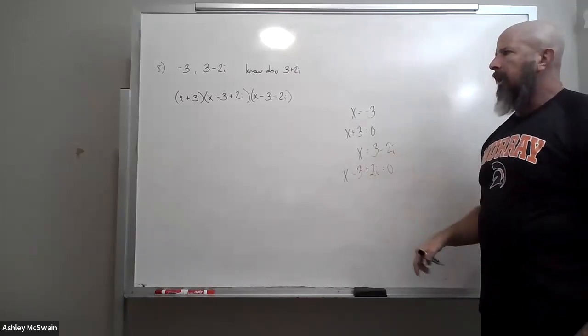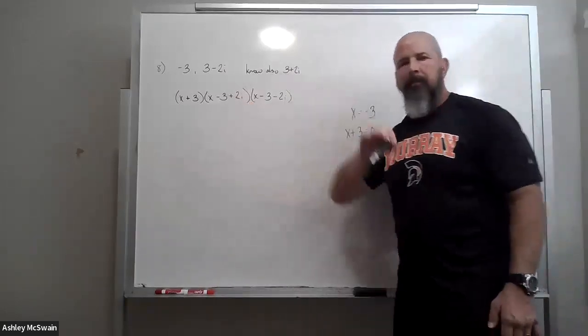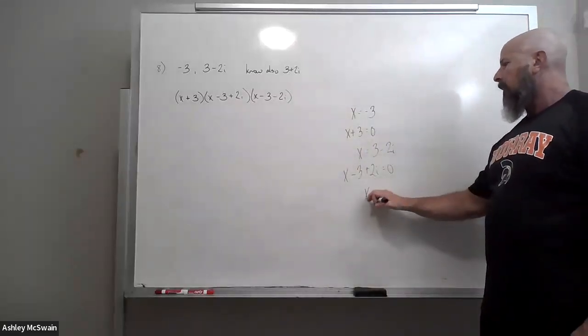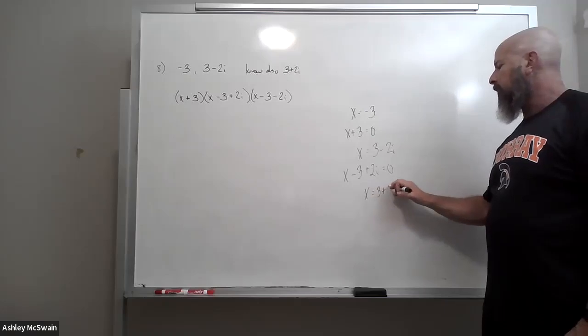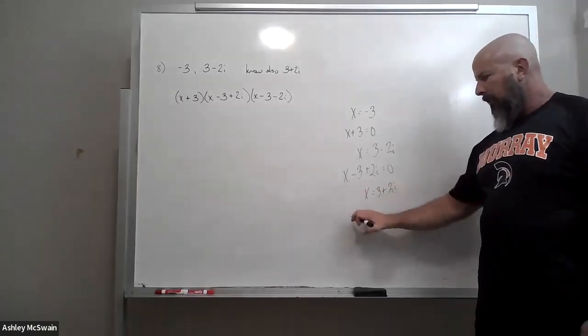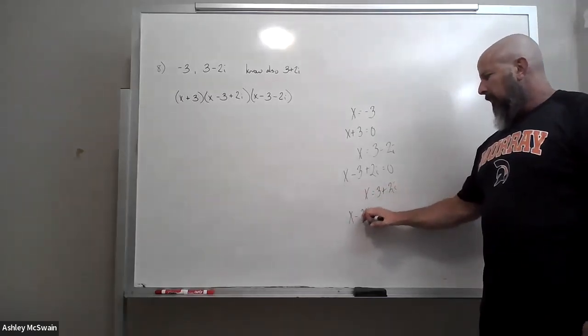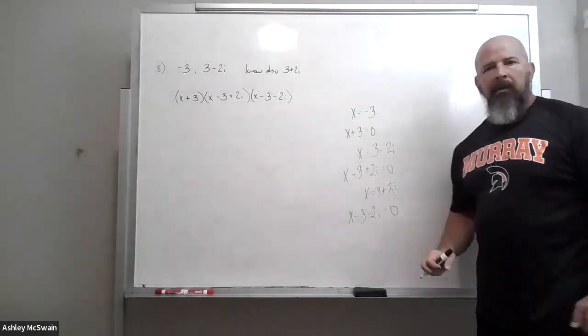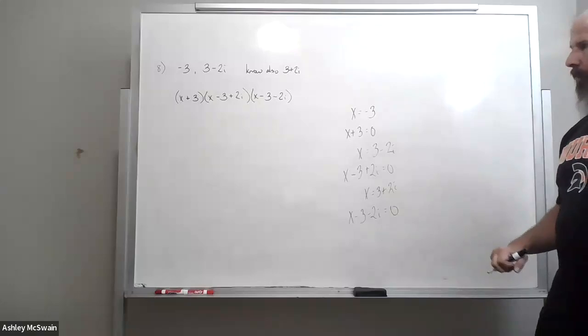Both those signs will change. That's where I got this one. And then for the other one, x equals 3 plus 2i. They both go over to the left. X minus 3 minus 2i is 0. There's where I got those setups.